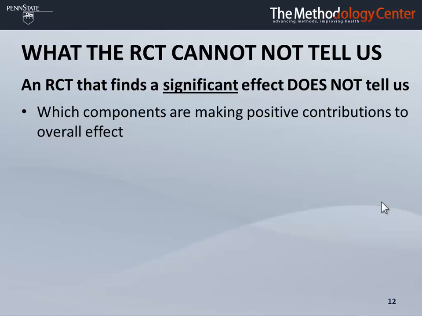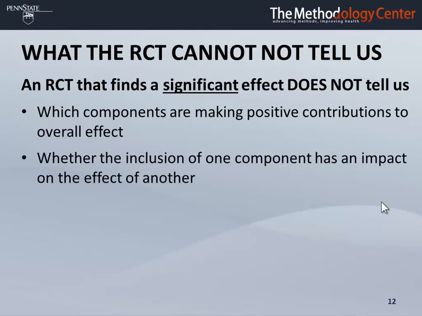It's possible that some of them are doing nothing. It's possible even that everything is due to one component and you could just ditch the others. You don't know whether the inclusion of one component has an impact on the effect of another, and that can go either way. The inclusion of one component can enhance the effect of another component, or it could undermine the effect of another component, and we don't know that.